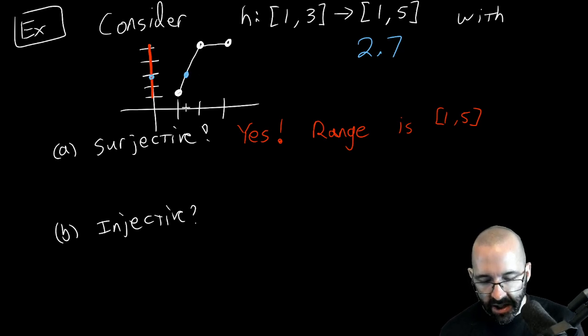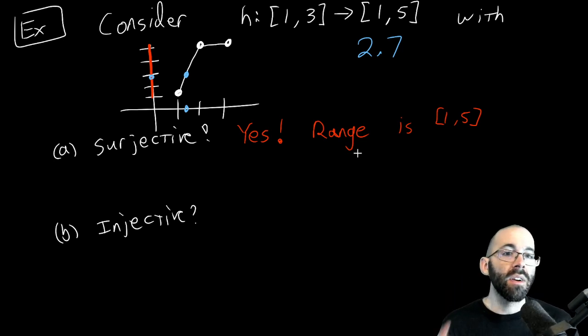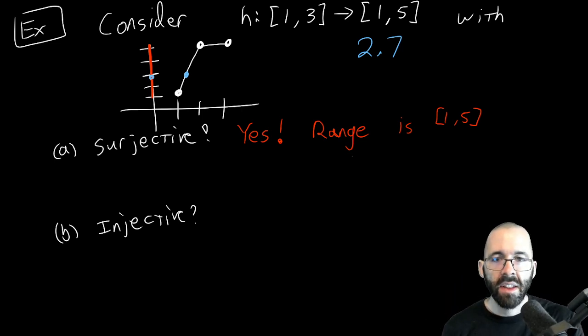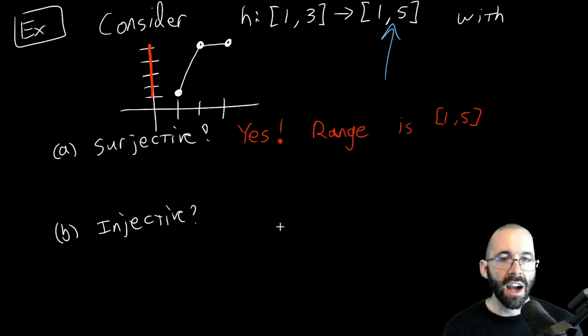There's an input that'll get us there, and that input is about, I don't know, 1.3. For every possible output, there's an input that gets us there. That's another way of thinking about surjections. You could pick anything in this codomain. There's an input that'll get you there. That's what the formal definition of surjection means.